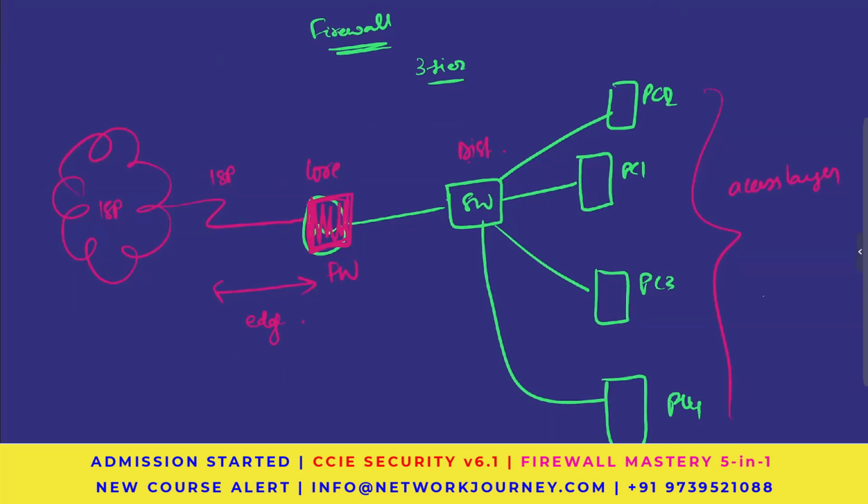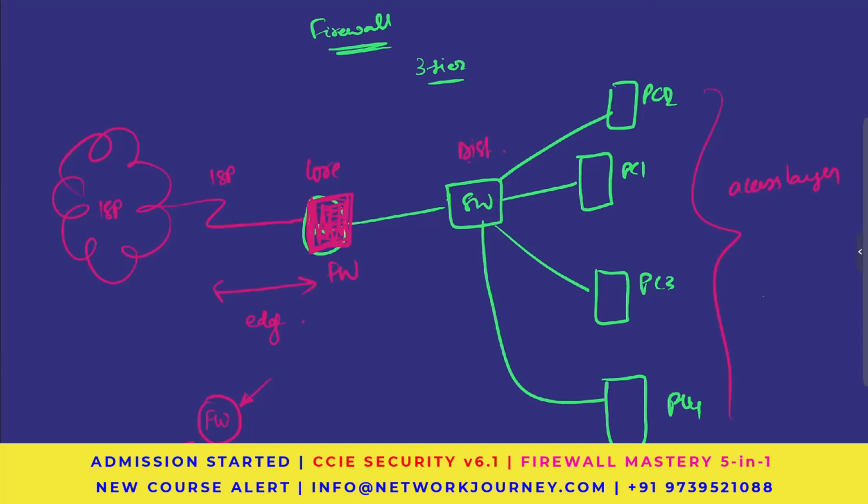If that is the case, then you might have an interviewer asking you, if you can replace a router with a firewall, then why, in a different enterprise, do you see firewalls being used but you still see that a router has been used as an edge device, right? So this is a very frequently asked question. They will try to sense your understanding of the topic, so how well you are aware of this topic.